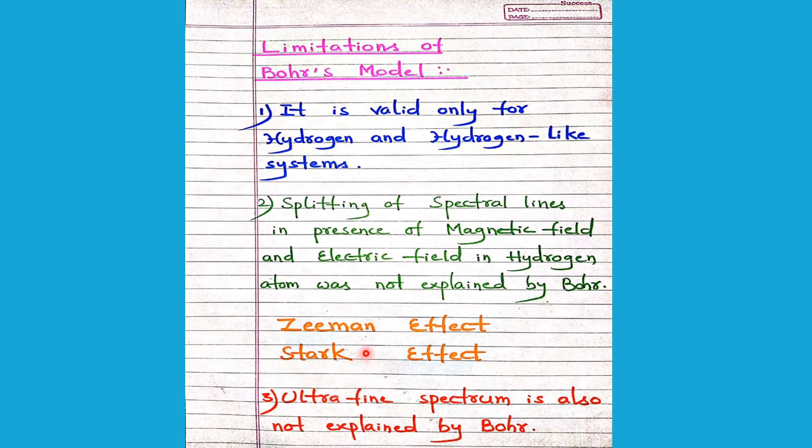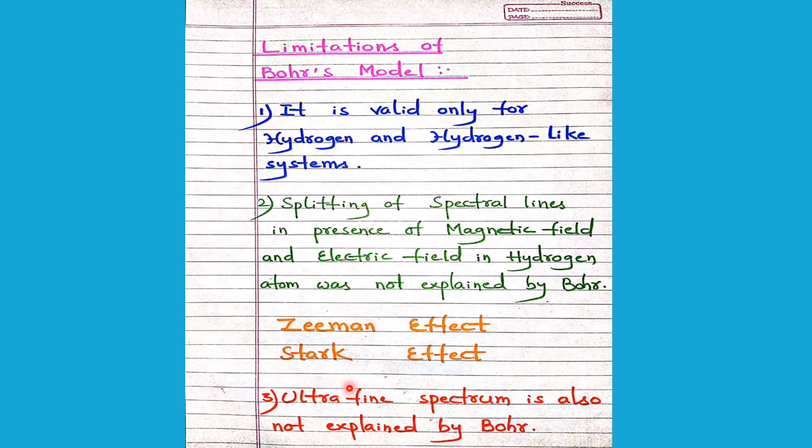When the hydrogen atom is in an electric field, the hydrogen nucleus and hydrogen electron become two poles, plus pole and minus pole. They will be in different orientations, so again you will see different spectral lines. All those he explained with the help of a sophisticated instrument. So these two are not explained by Bohr.